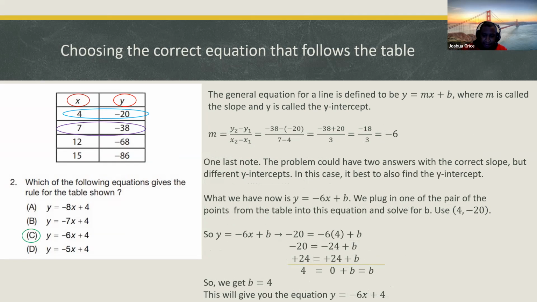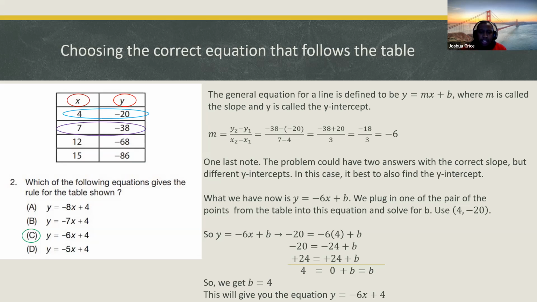You could check to find the y-intercept by taking any one of these points, say for instance, 4 and -20, and you substitute it in y equals -6x plus b. So where I have y, I put -20, and where I have x, I put 4.